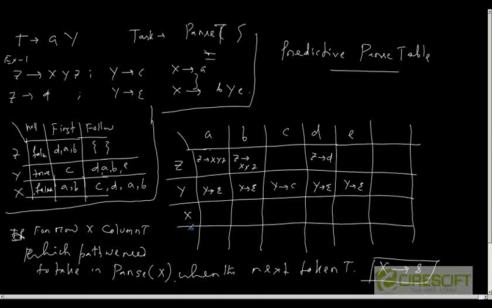For X, you have a rule X is equal to A, so for A you can blindly say that X will be A. For B, what can happen?